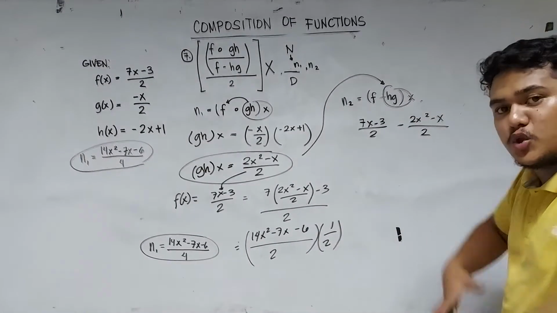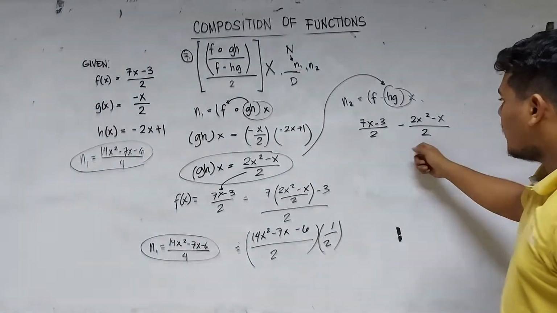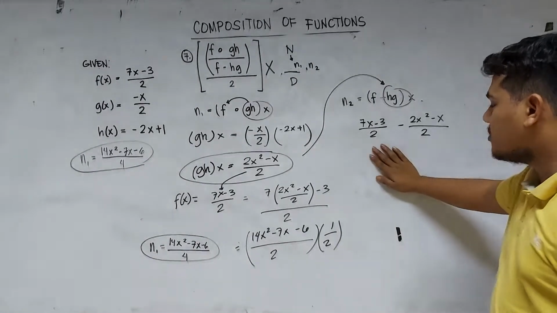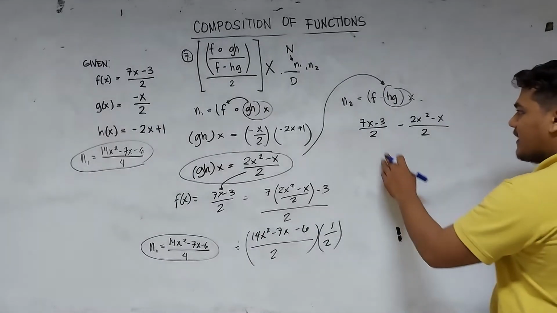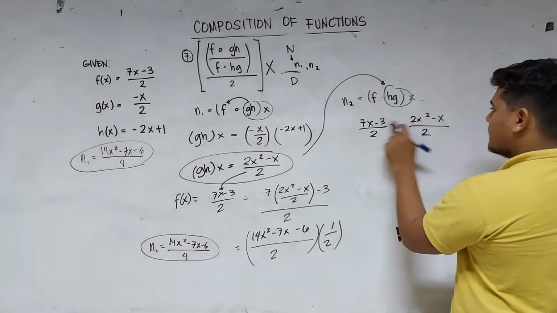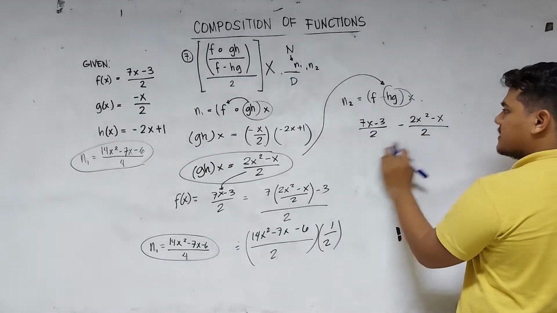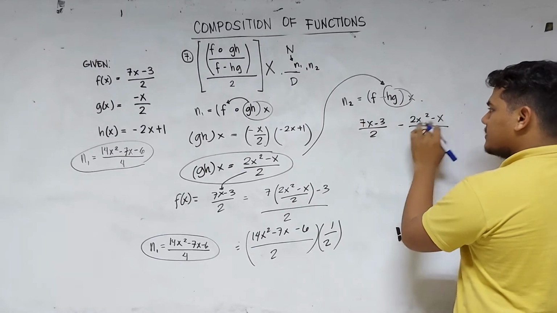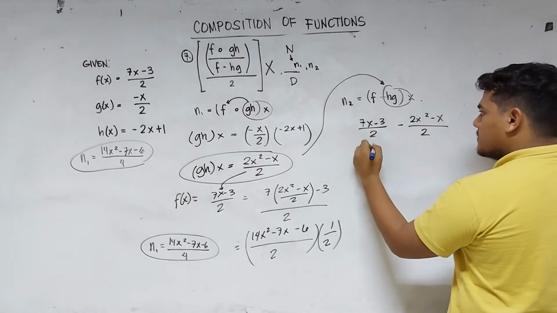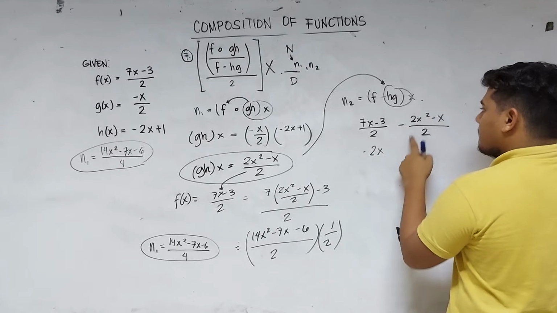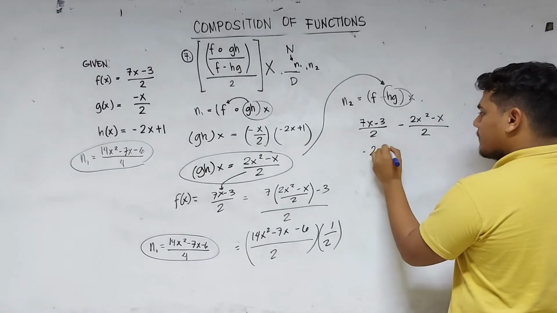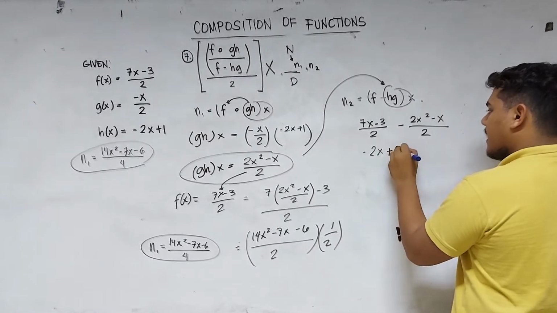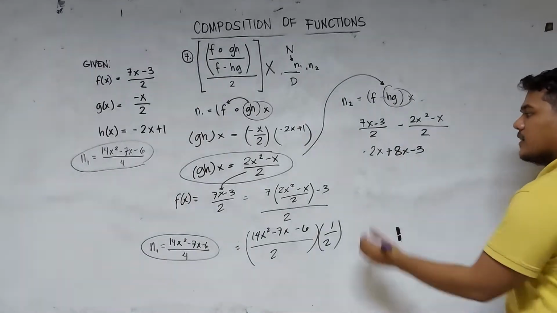When we subtract fractions, what do we always have to look at? Our denominators. Do they have common denominators? Yes. So we can directly subtract them. 7x minus negative x becomes 7x plus x, so that becomes negative 2x squared plus 8x minus 3.